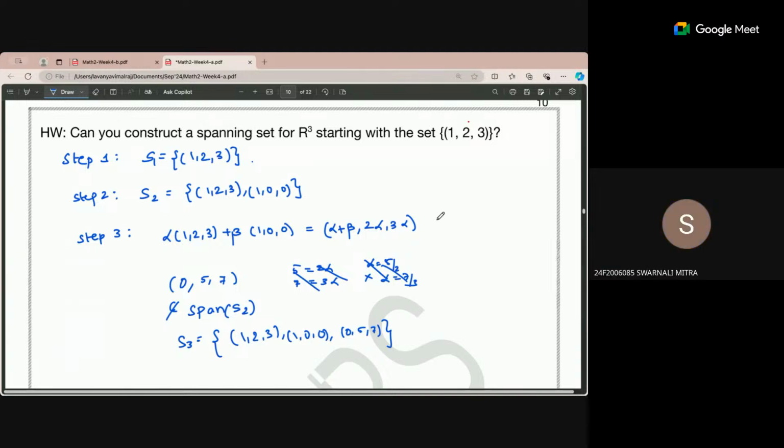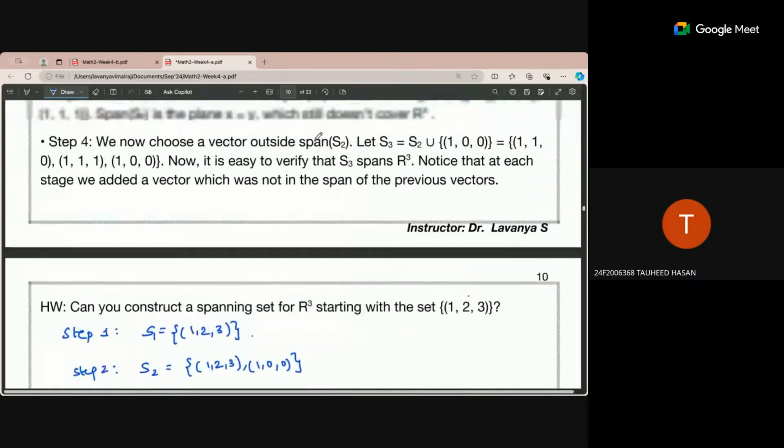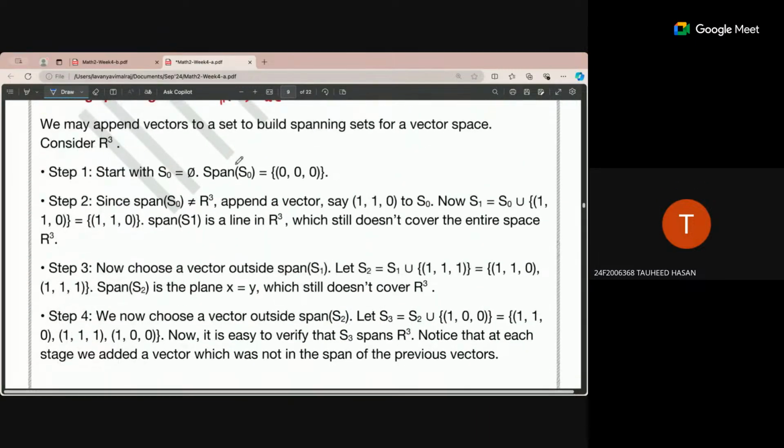Ma'am, so there will be only two? There will not be two. There will again be three vectors. You are constructing a spanning set for R3, right? Then you always need three linearly independent vectors. If we start with the zero vector, what will the steps be? The steps will be a bit different. One extra step will be there.